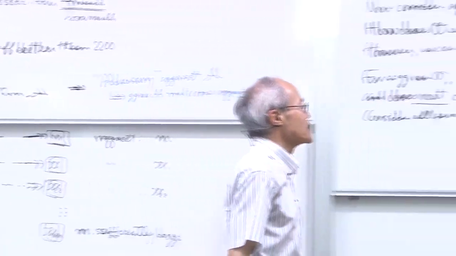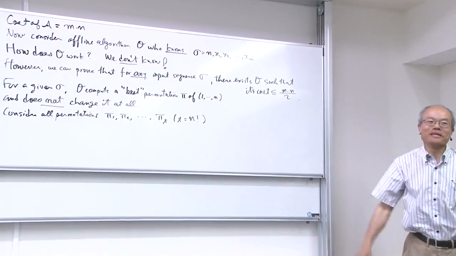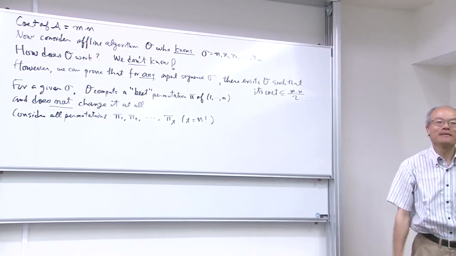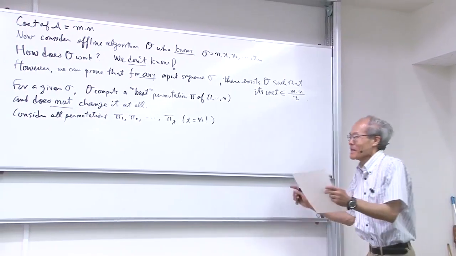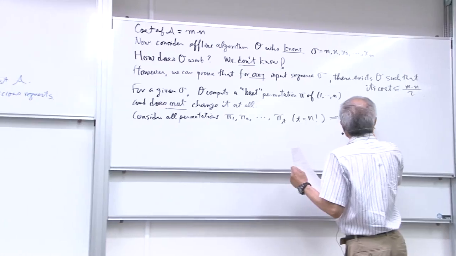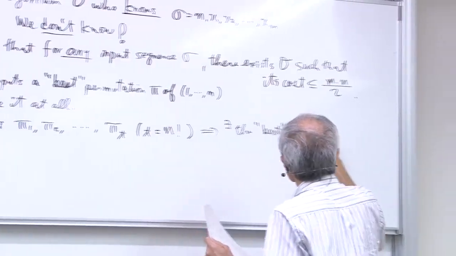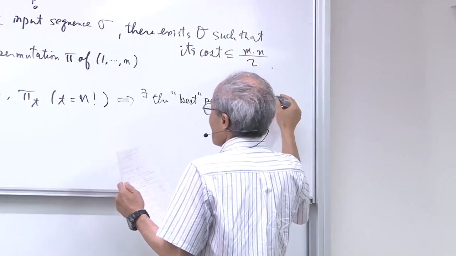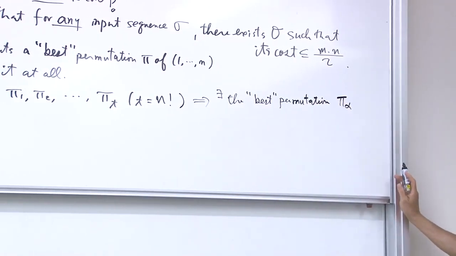Then we can prove that there must be a best permutation pi among these permutations, pi alpha.